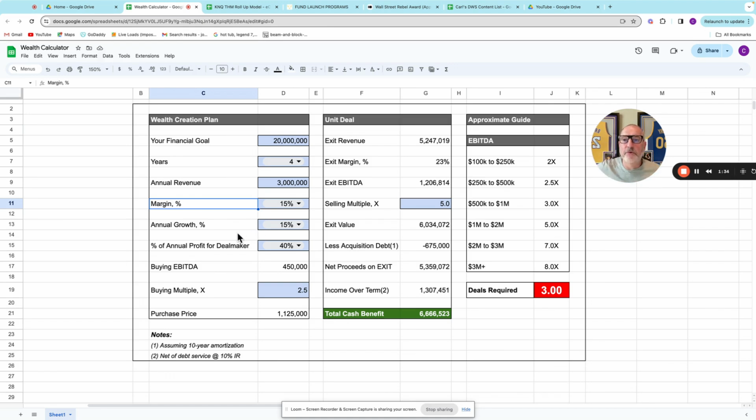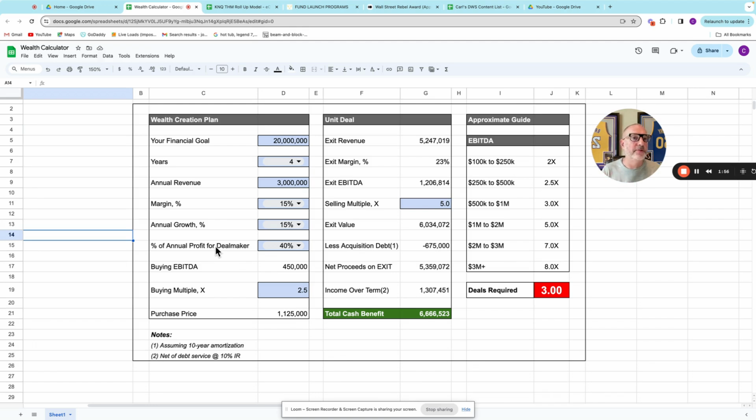So 15% growth. And then you want to think about how much profit you want to take out of this business per year as the owner. That's annual profit net of the debt service. So the business generates a profit, you're going to be spending some of that to pay for the acquisition of the business, and then whatever's left, how much of that are you going to take?